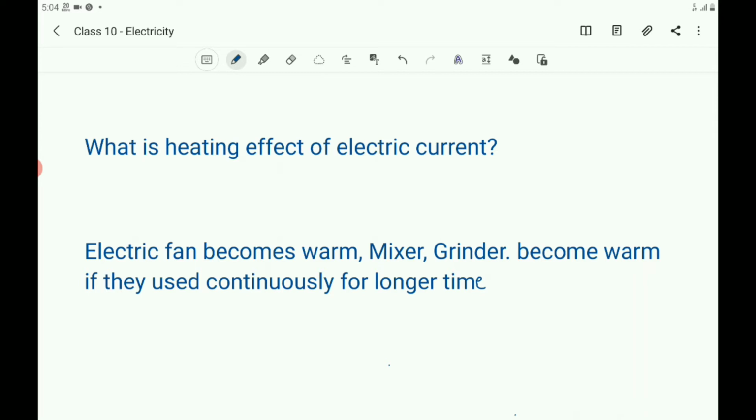But here some part of the electrical energy is converted into heat. So the electric fan, mixer, grinder becomes warm if they are used continuously for longer time. So you can observe that electric current produces heat.